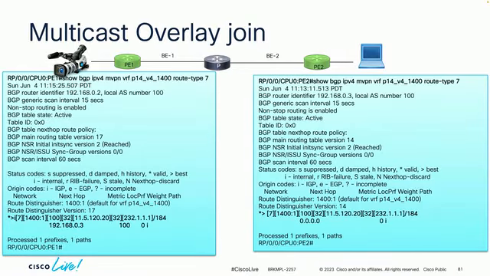Now PE2 has to notify PE1 that I am interested in this particular source and group, and that is where new BGP routes will be exchanged, carrying the SG information and where exactly this SG is coming from, which is the next hop. These routes will be sent from PE2 to PE1. In PE1, when you look at your route type 7 entry, you should be able to see who is the next hop sending these particular joins.